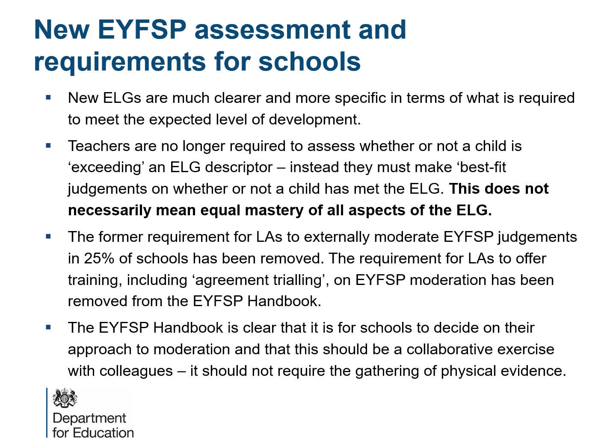The new listening, attention and understanding ELG sets out very clearly that children will listen attentively and respond to what they hear with relevant questions, comments and actions when being read to and during whole class discussions and small group interactions. So you can really see that the new goal provides very clear information on what that range of situations described in the original goal is. And this approach is taken consistently across all 17 goals.